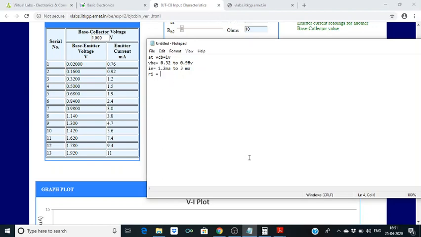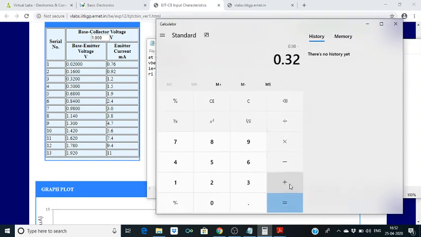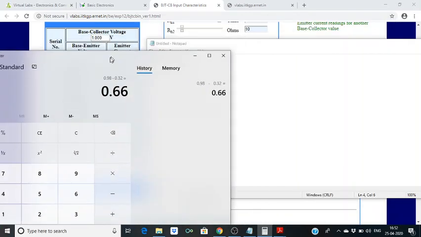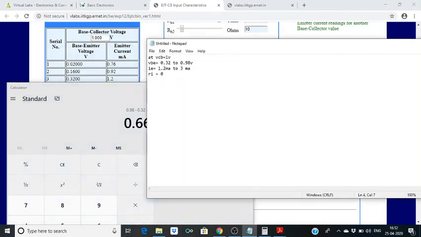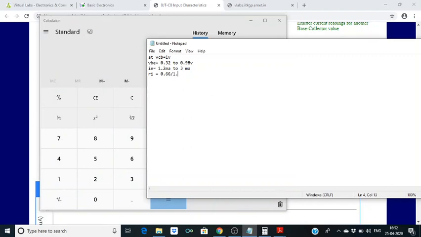This change in VBE is 0.98 minus 0.32, which comes to 0.66, divided by 3 minus 1.2, which comes to 1.8, in volt per milliampere.